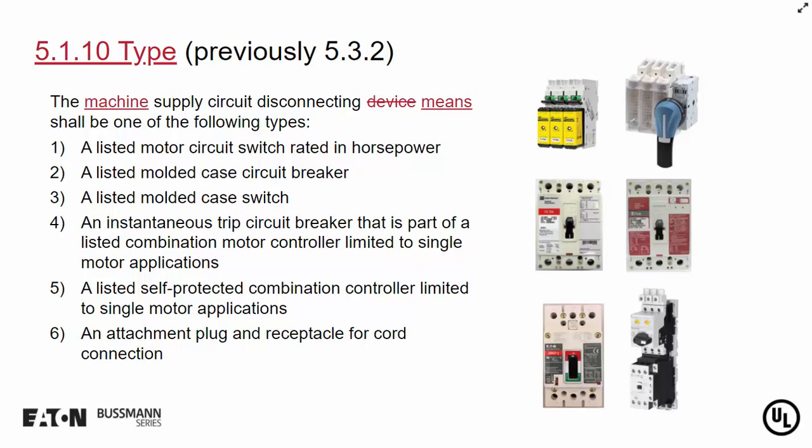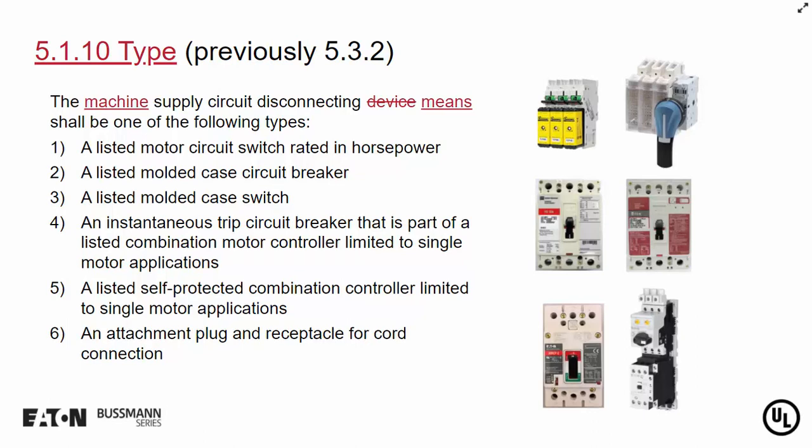And as you read here in item 4, that last part of the information is extremely important. That device, the instantaneous trip circuit breaker, or the MCP, is only permitted if it's part of a listed combination motor controller limited to single motor applications. So, you know, this is going to be a very simple machine.